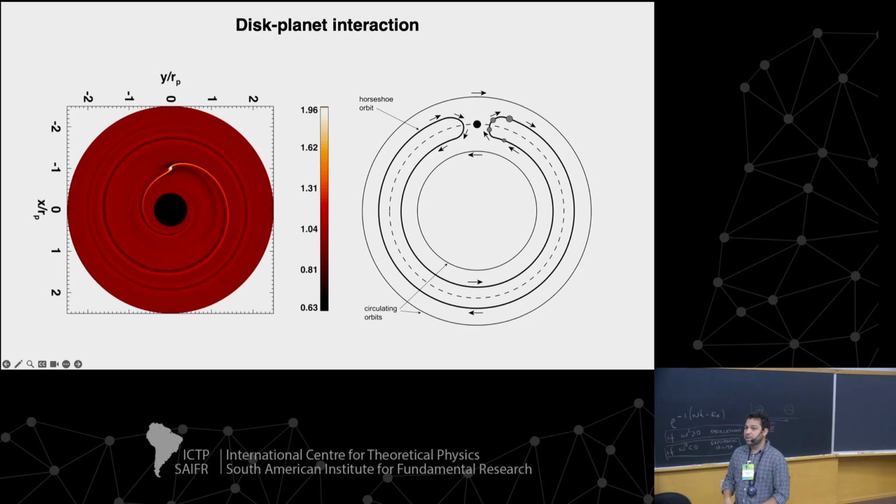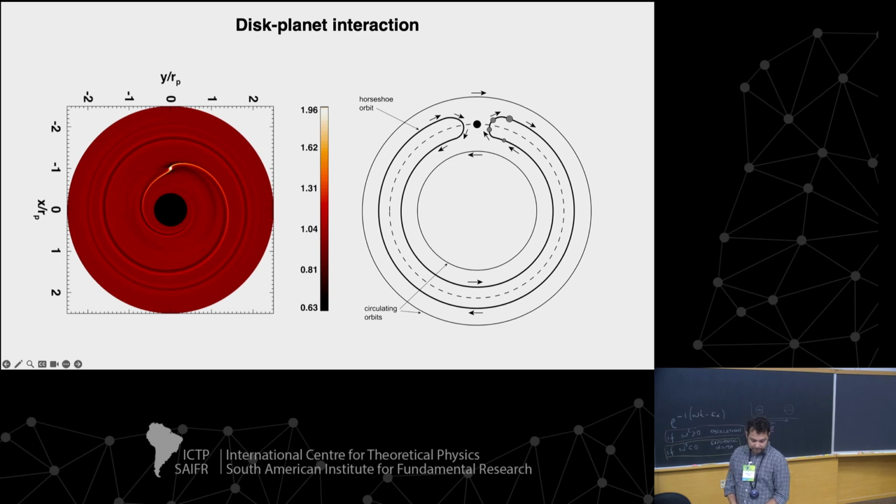At least for the scale heights that we have in protoplanetary disks, that transition is at about mass ratio 10 to the minus 4. So for a supermassive black hole of 10 to the 8 solar masses, we're talking about building something of 10 to the 4 solar masses in the AGN disk. Which had never been observed yet. Never been observed yet.